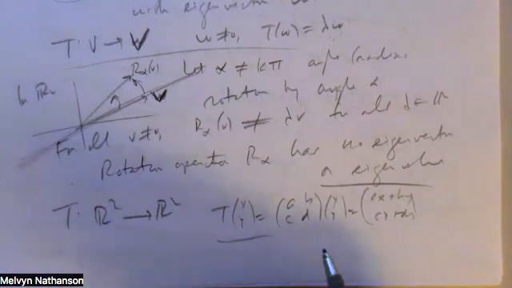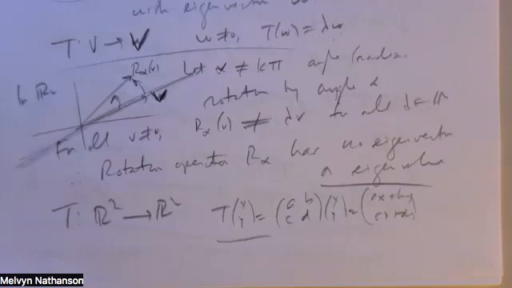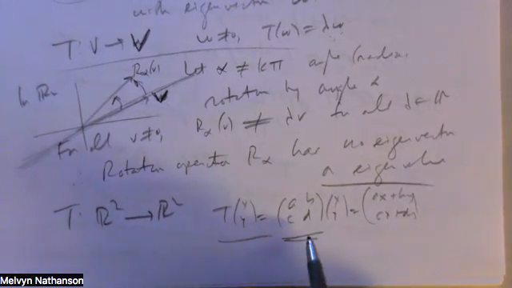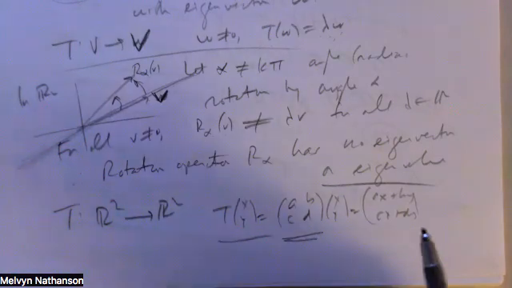So if you pick, say, the standard basis, with respect to that basis, a linear operator in the plane from R2 to R2 is always uniquely determined by some 2 by 2 matrix.